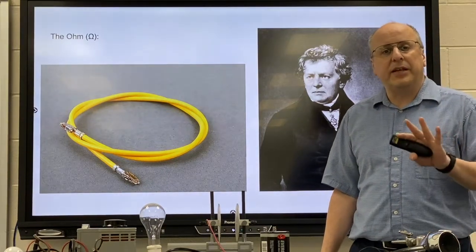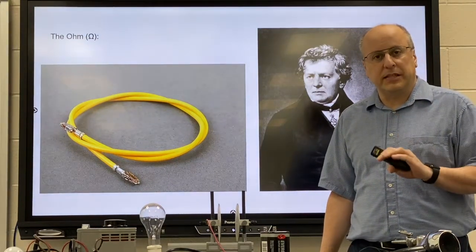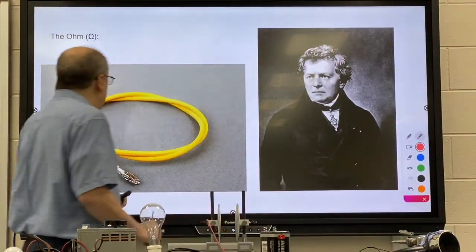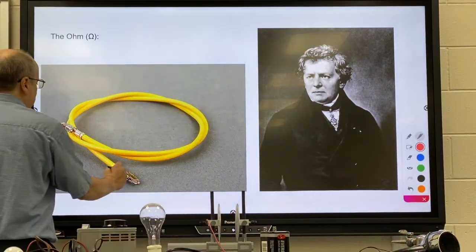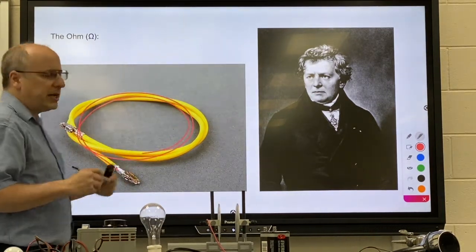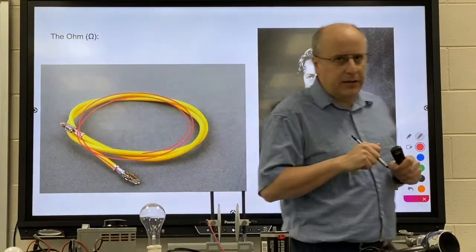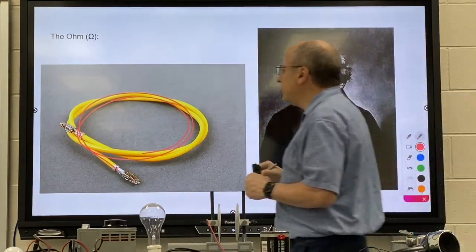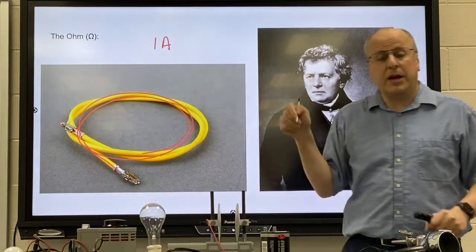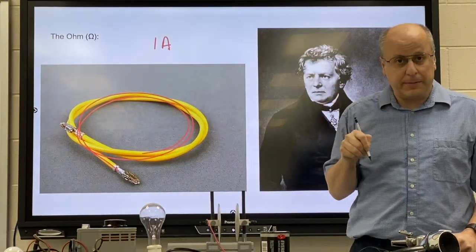And this is how they defined the resistance with this unit, the ohm. They took their wire, they measured how much current was going through it, and then they changed how much voltage they were applying to the wire. They adjusted the voltage until exactly 1 amp of current flowed through the wire.